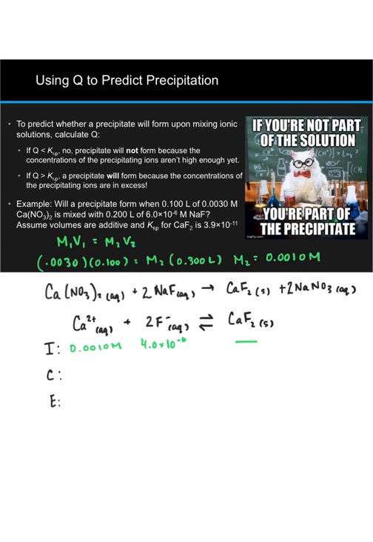We don't care about concentrations of our solid, so all we really need to do is determine whether or not these concentrations will result in our reaction proceeding towards products or staying reactants. We won't have to work through the rest of this ice table to figure that out.